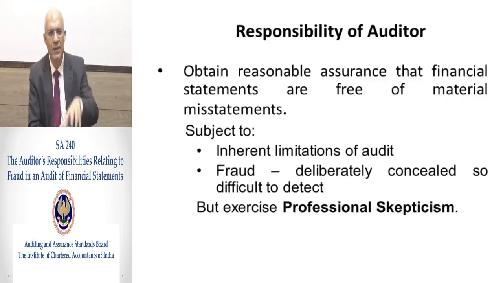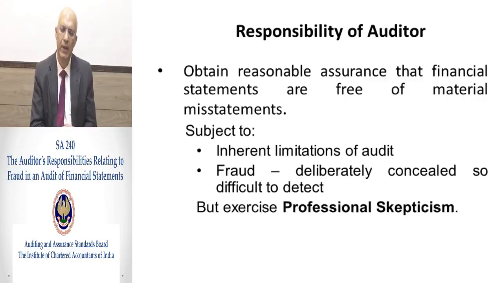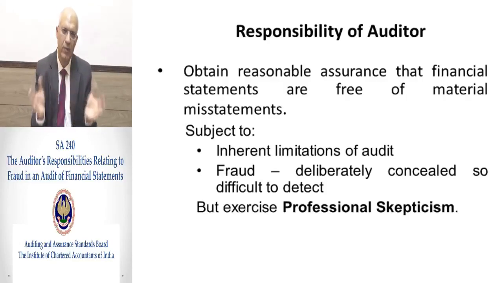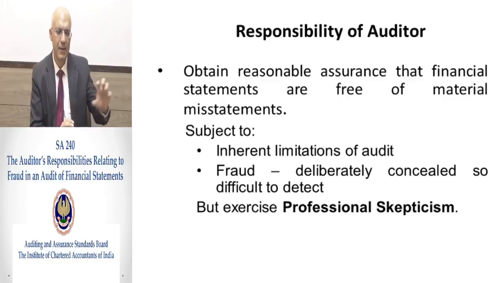And fraud is designed in a way in which it can be deliberately concealed, so it's difficult to detect. That's the difference between fraud and the unintentional error: fraud is designed to escape attention. So the auditor needs to be aware, when conducting the audit, that this is something which can occur or will occur, and so you need to design your audit procedures around it.